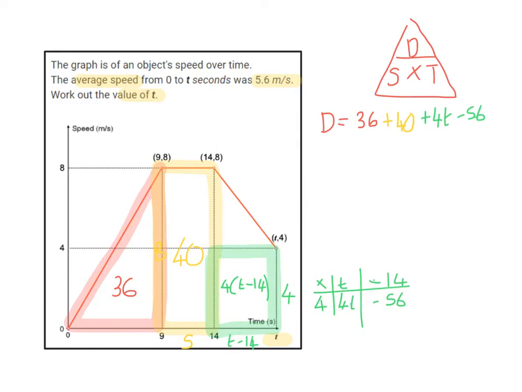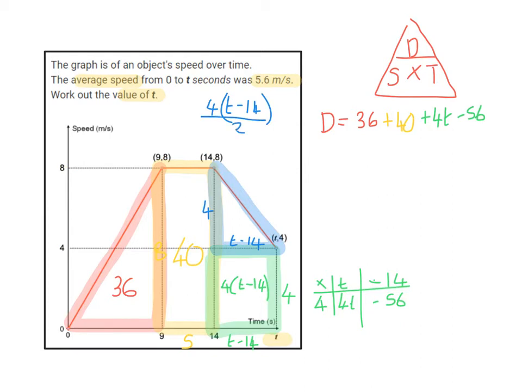Then we have this triangle here. Base is going to be the same, t take away 14. My height is between 8 and 4, so that's 4. So when I'm finding the area of this, I'm doing base, which is t minus 14, times by the height, which is 4, and then divided by 2.